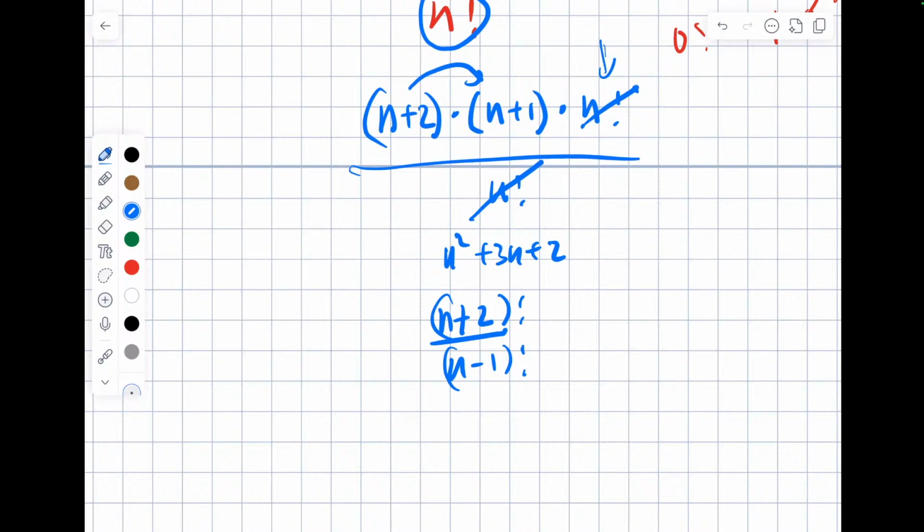It's just distributing. That's not intuitive. That's basic. Okay, what'd you guys get? You don't know how to simplify factorial?